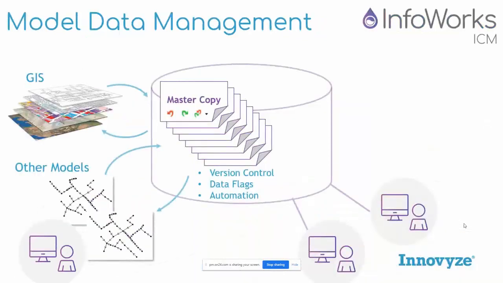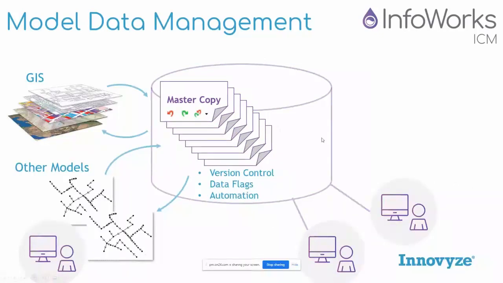And to summarize, what I covered is we have a central database. I didn't actually talk too much about pulling in data from GIS and other models, but you can synchronize data with GIS really powerfully. And as you import, it can also track those flags. So that data flag tracking is built into all the imports. So as you're pulling in data from GIS, from SWMM models, HEC-RAS models, other ICM models, you can track where that data came from.